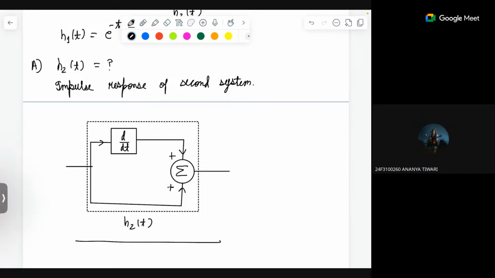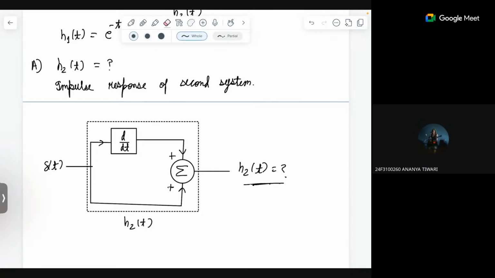This is what I have, and I want to find the impulse response for this system. So I do not care whether x(t) is w(t) or whatever. I want h2 of t. For h2 of t, here I will be applying impulse. And when I apply impulse, the output will be h2 of t, and that is what I want to find out. Ma'am, will that be d by dt of impulse response?